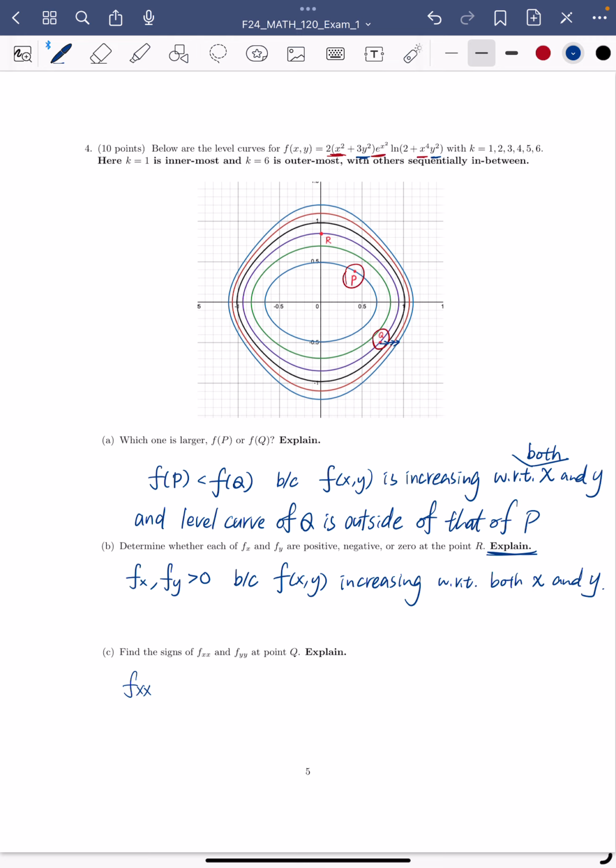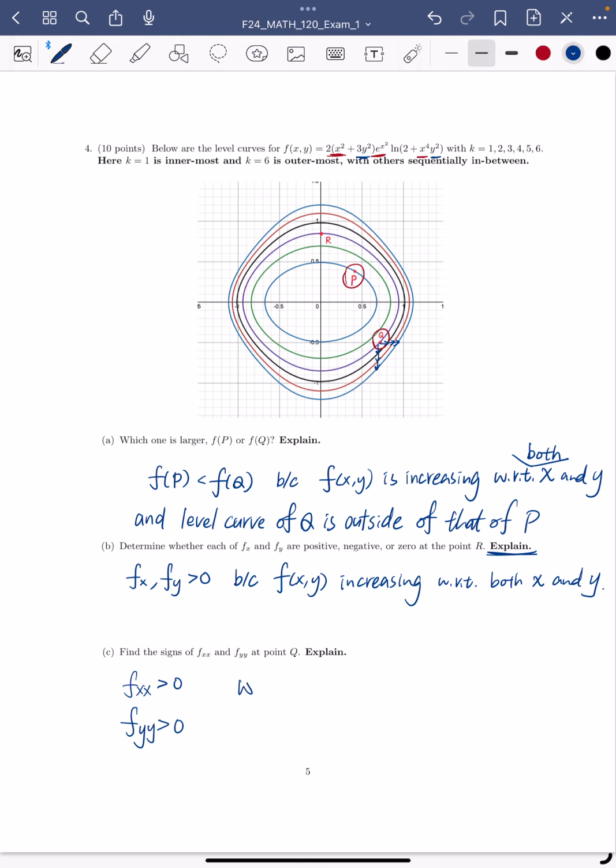So f x x is positive, the same as for f y y. It goes more and more rapidly. The spacing is decreasing.